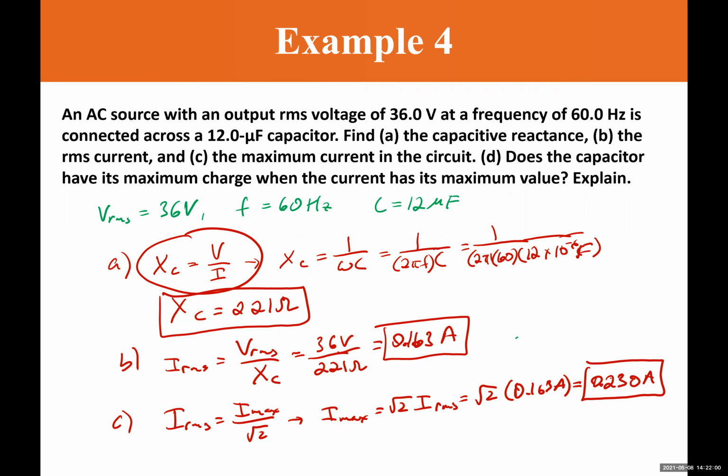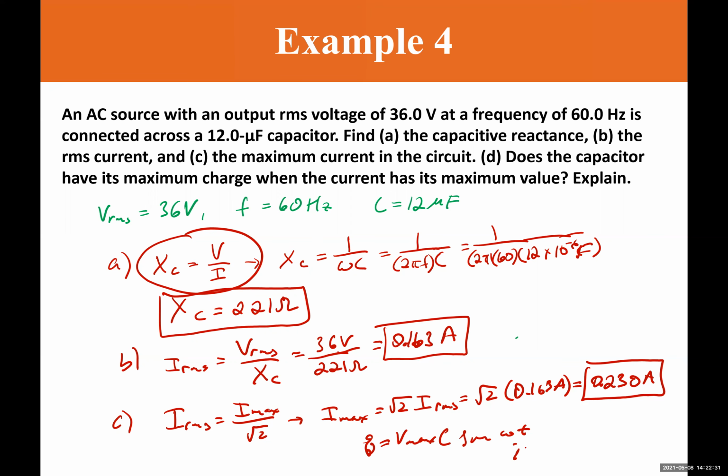From the definition of capacitance, the capacitor reaches its maximum charge when the voltage across it also is maximum. Remember, I gave you the equation, Q is equal to V max times C times sine of omega t. This was basically for the charge.